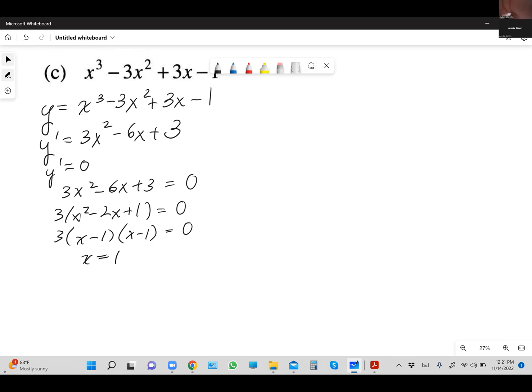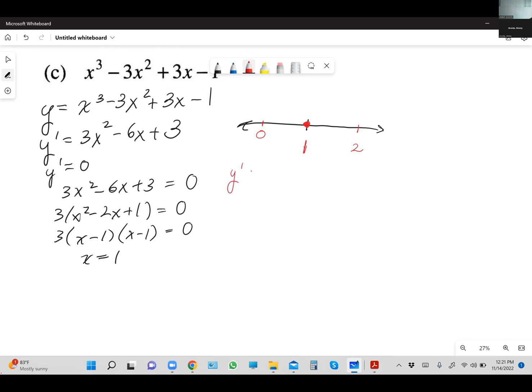Now I like to make a little number line. Here's 1. I'm going to pick a number to the left of 1, let's say 0, and a number to the right of 1, let's say 2. I'm going to substitute those numbers into my derivative.